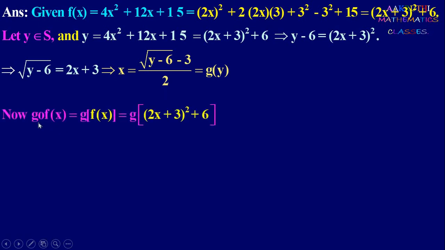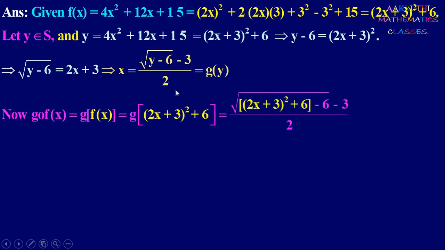So now we find g∘f(x). Here g∘f(x) is g(f(x)), and here f(x) we write as (2x+3)² + 6. So it is g((2x+3)² + 6). Now this is of the form g(y), and g(y) is (√(y−6) − 3)/2. In place of y we write (2x+3)² + 6.